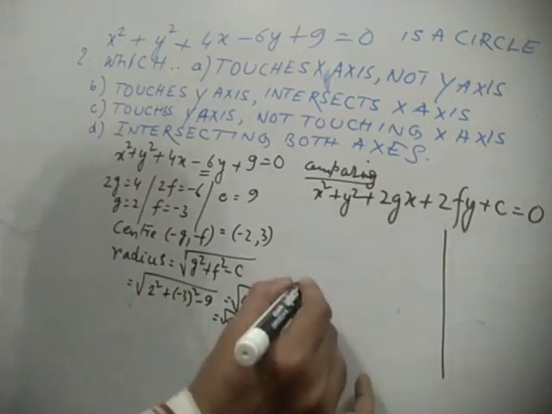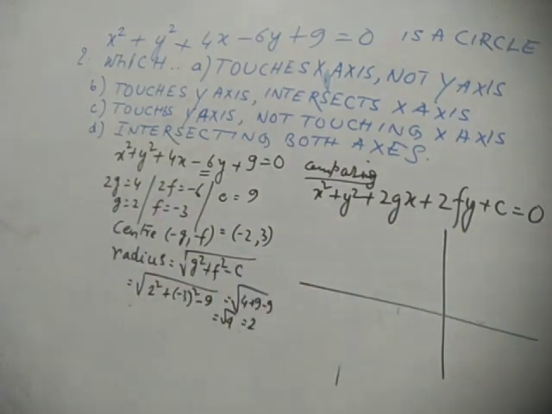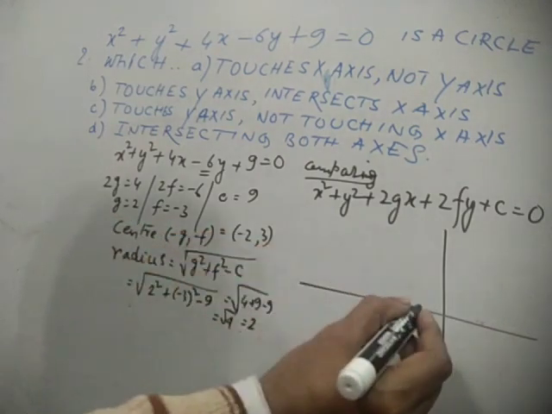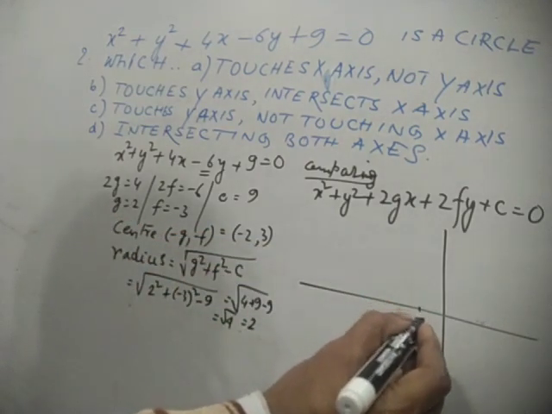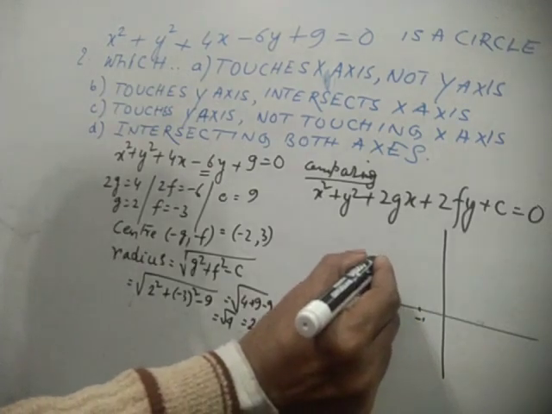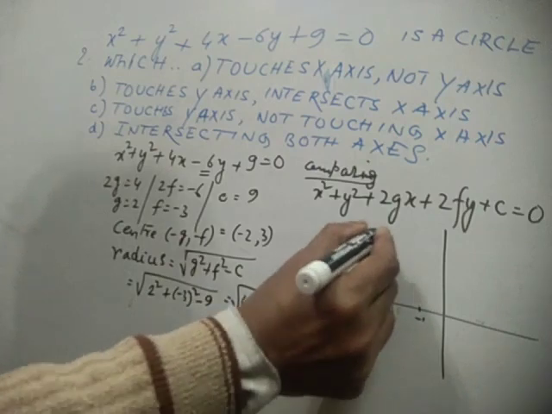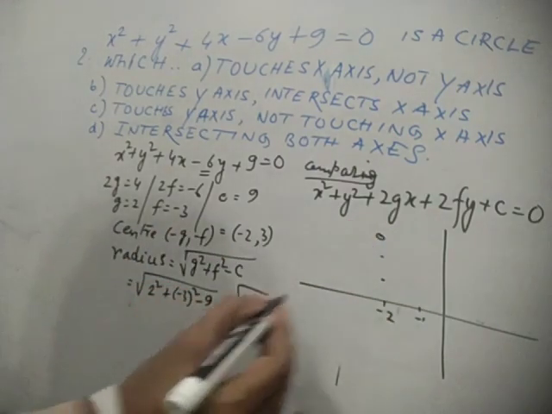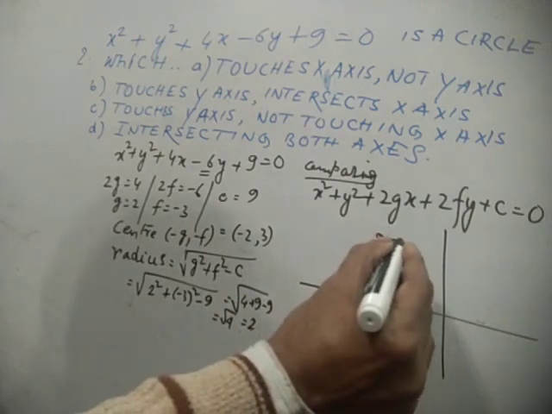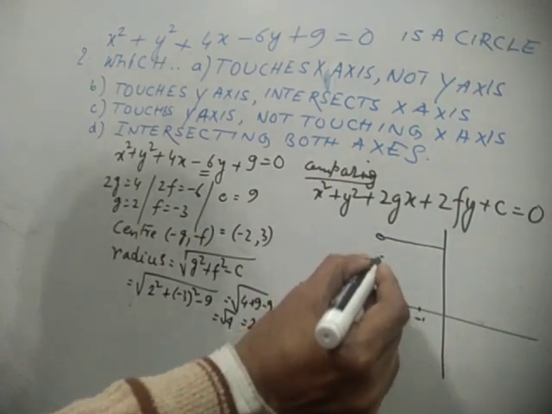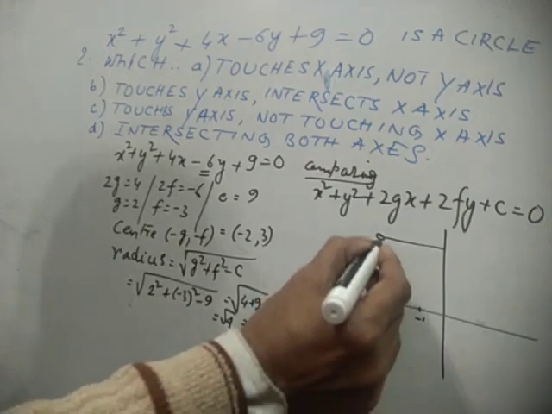Now if we draw the x-axis and y-axis, and plot that point, center minus 2 comma 3, it is coming on the second quadrant. The center is 2 units away from the y-axis, which is equal to the radius, and 3 units above the x-axis, where the radius is 2.